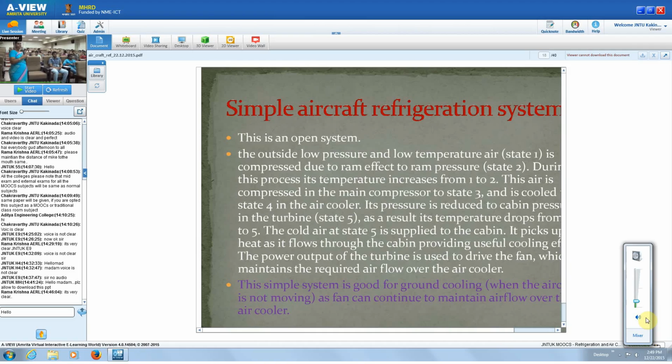So this system is good for ground cooling. So when the vehicle is not moving, a fan can contribute to maintain airflow over the air cooler. So this system can be used for ground cooling, because here the ramming effect produced is very less.